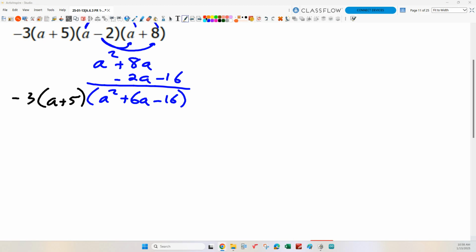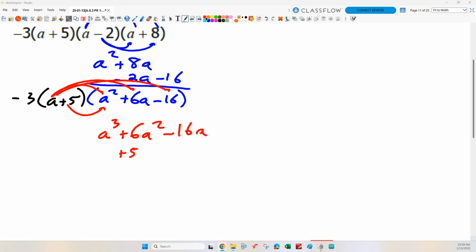If I distribute the a, I'm going to get what? A cubed plus 6a squared minus 16a. And look how we're lining stuff up vertically. It makes it easier.